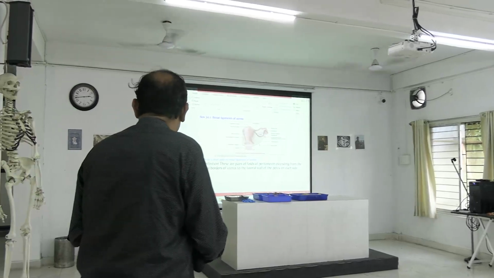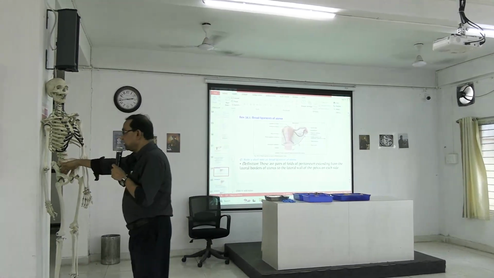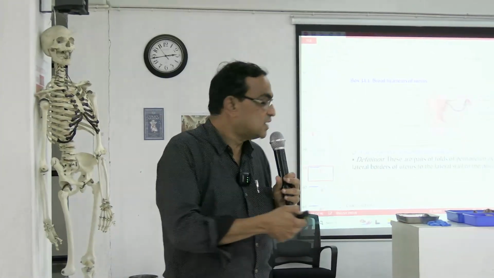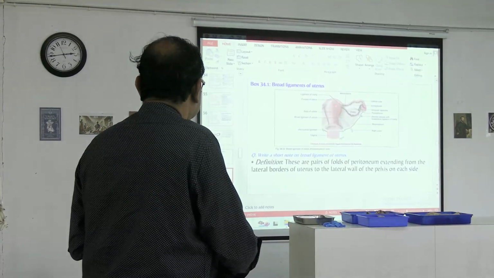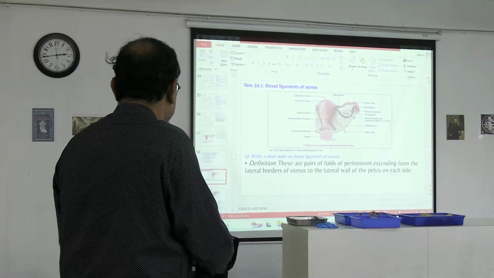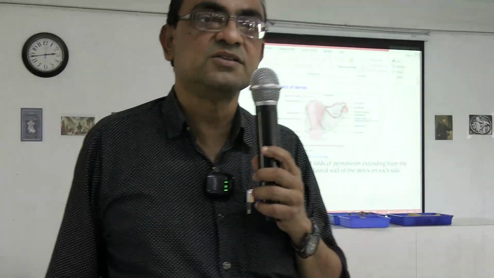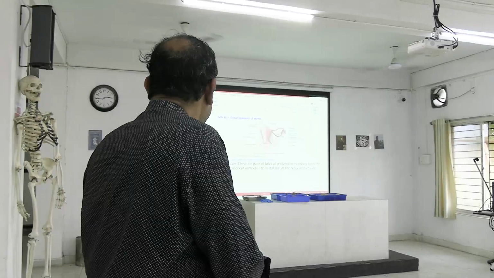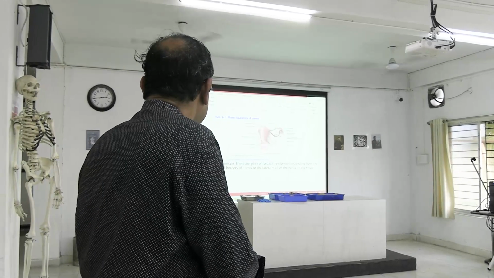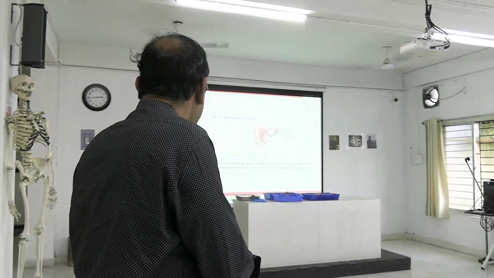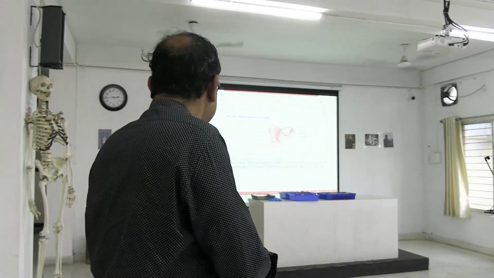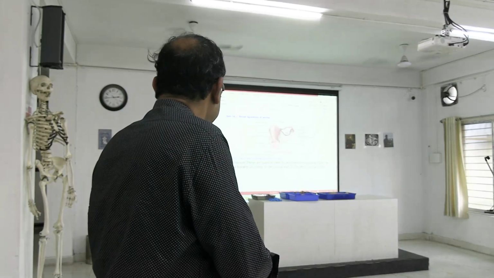So laterally it is attached to the lateral pelvic wall and medially it is attached to either border, the right or left border of the uterus. That is called the broad ligament. Again, you can see the broad ligament not only covers the uterus, it covers the uterine tube and also gives a projection towards the ovary, and again it is continued below.